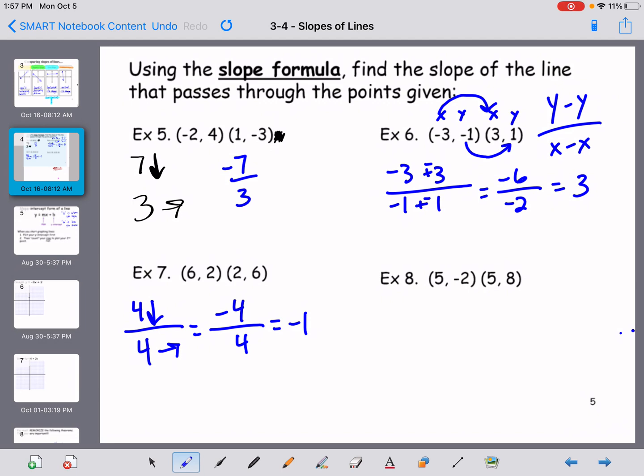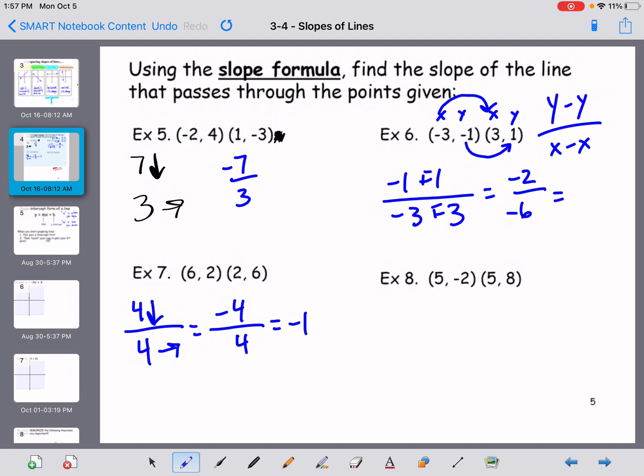And same thing for the last one. Oh, I just did that last one backwards, guys. So don't make my mistake. Let's redo this one. That wasn't right at all. I need to put my y's on top. So now, negative 2, negative 6. So now when I simplify, that's going to be a 1/3.